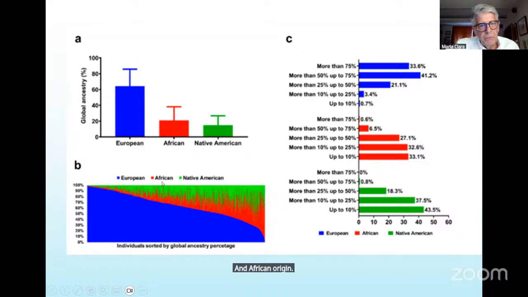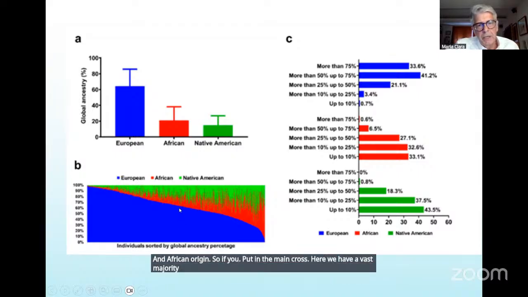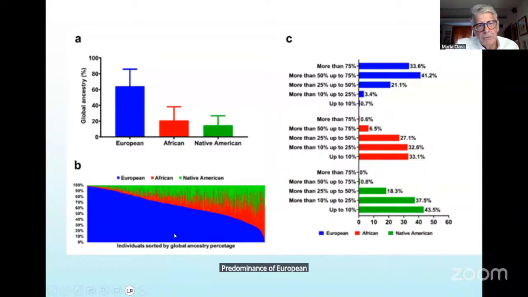So if you put it in the main cross here, we have a vast majority of predominance of European ancestry, but there are also some Native American and African genomic areas in these autosomal chromosomes.